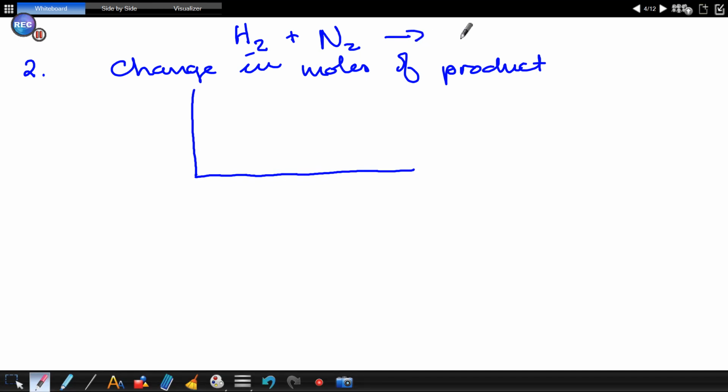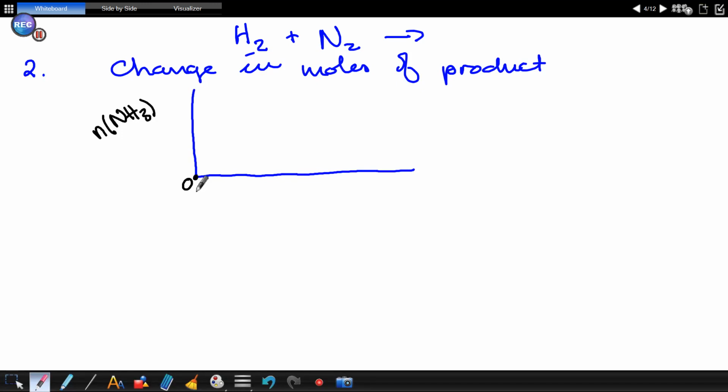How much ammonia was there at the start? 0. So we start at 0. So this is the mole of the NH3 in this case. So you start off with nothing.